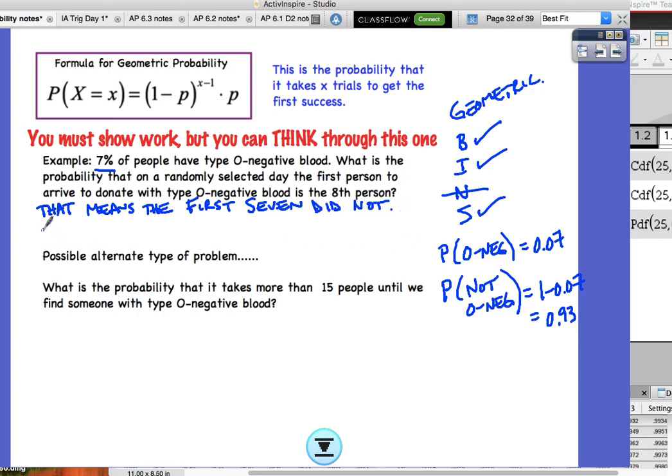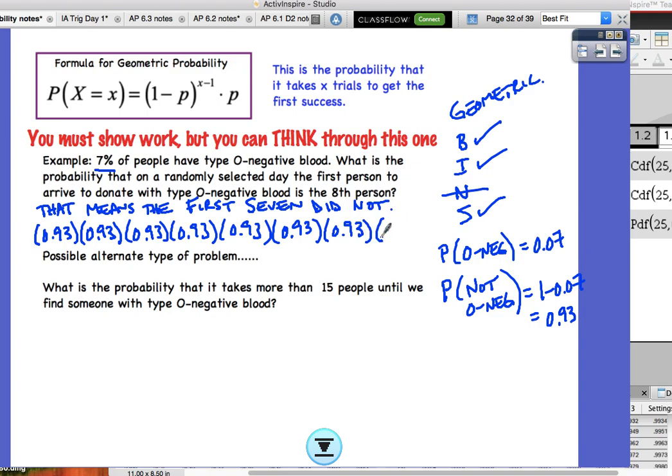Imagine the first person comes and the first person does not have O negative. Then the second person does not have O negative. And the third person does not. And the fourth person does not. And the fifth person does not. And the sixth person does not. And the seventh person does not.